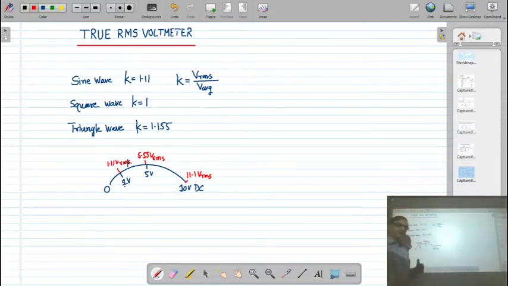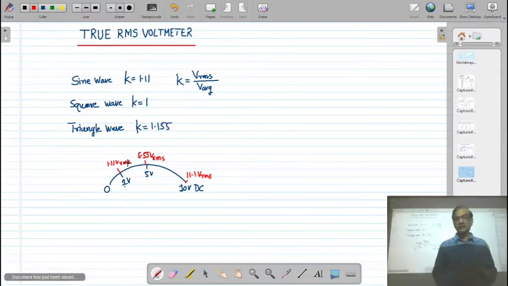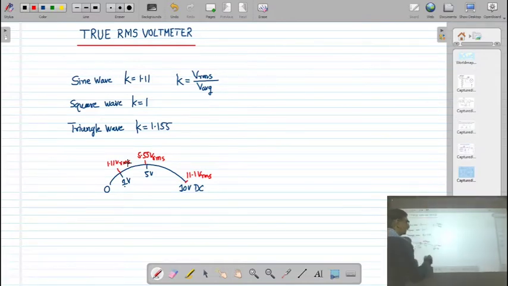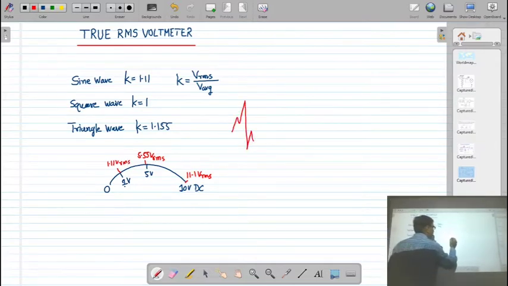But if the signal doesn't have a regular shape, or is not periodic, for example suppose I want to measure this audio signal, this is my audio signal.